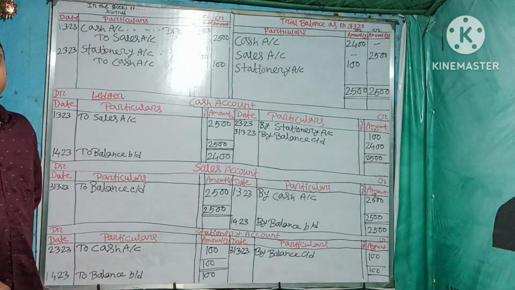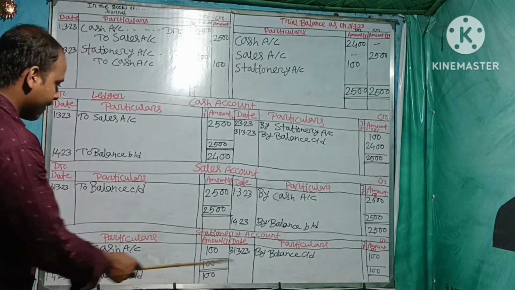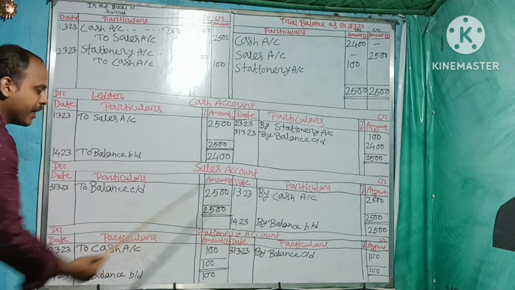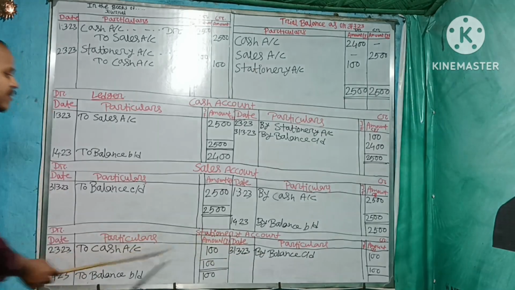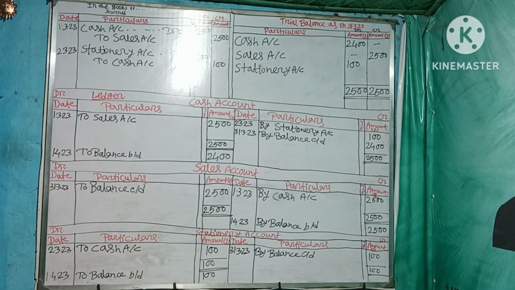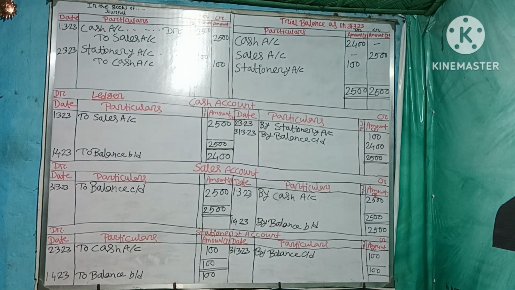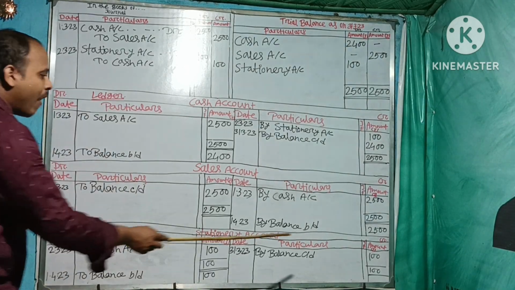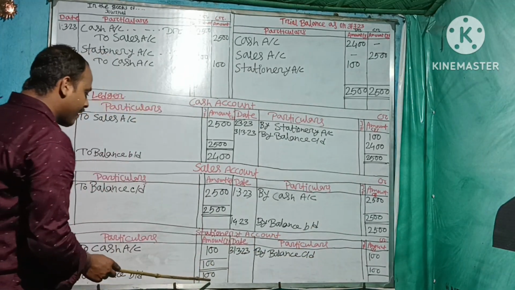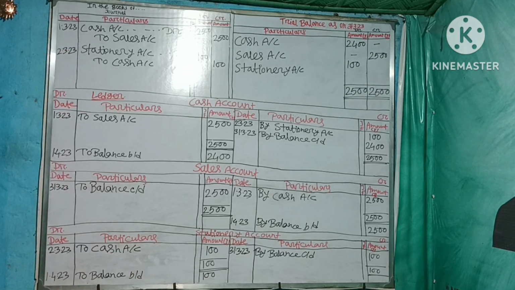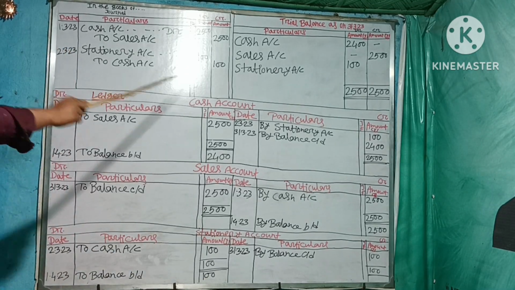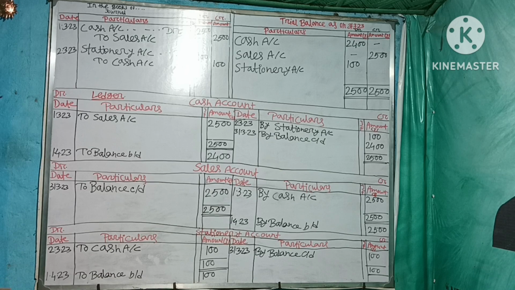On the opposite side of the CD side, below the summation, we write the next day of the CD, that is 1st April 2023, to balance BD, brought down, whatever CD's amount we write for BD. Okay, I hope the ledger is clear to all of you.